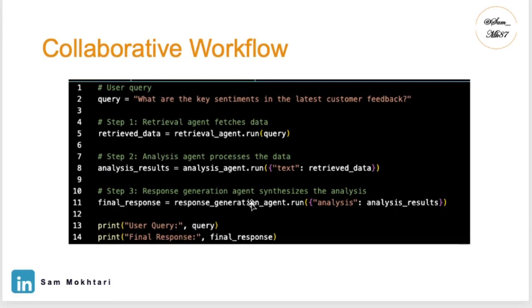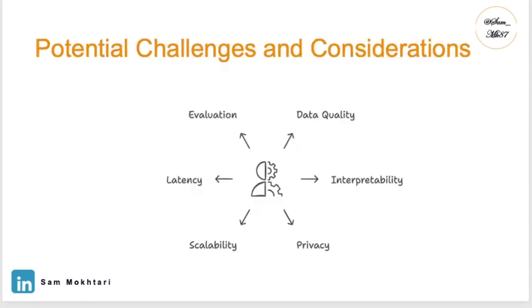Lastly, the last agent uses that sentiment analysis result to generate the final result for the user. So this is a very simple example of how you can build an agentic RAG system using the LangChain framework.